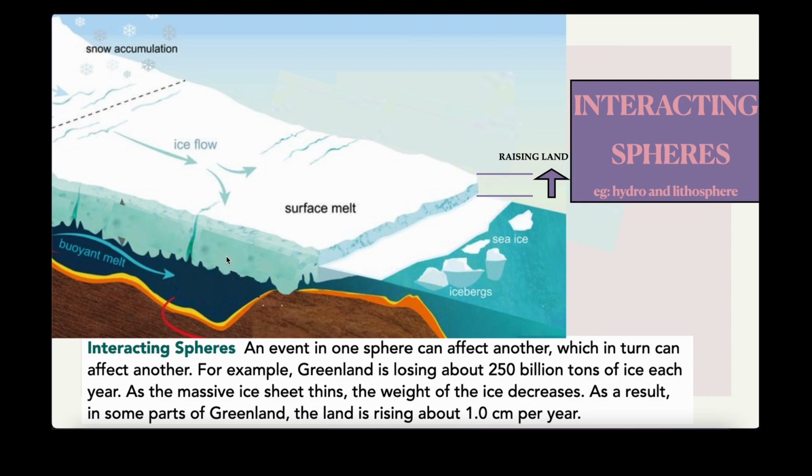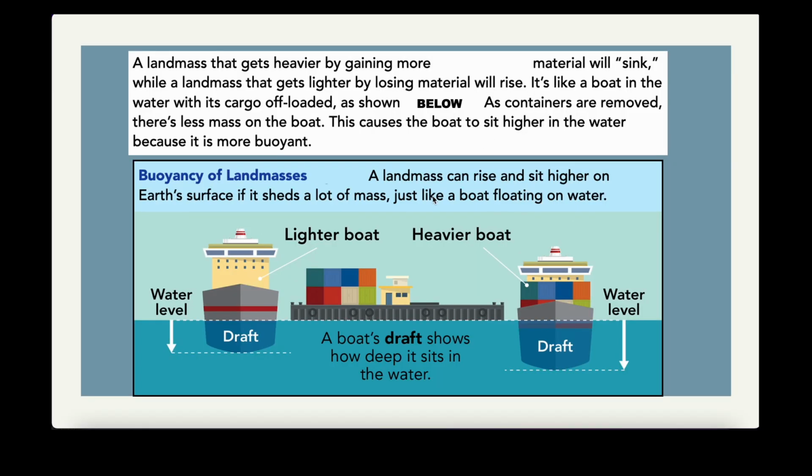How does that happen? Let me explain. A landmass that gets heavier by gaining more material will sink, while a landmass that gets lighter by losing material will rise. Like a boat in the water with its cargo offloaded, as shown here, it's going to rise, yes?